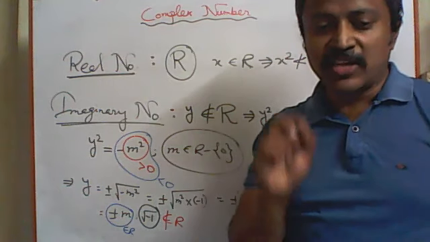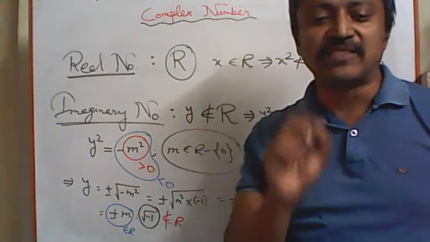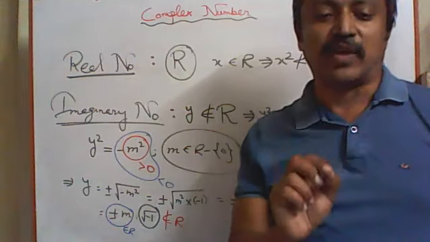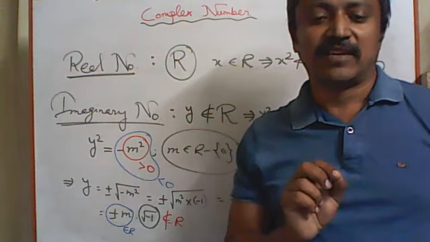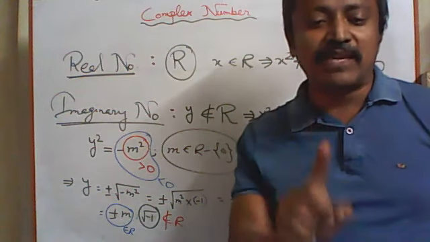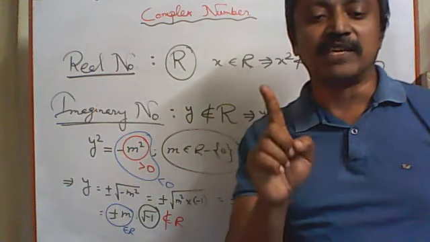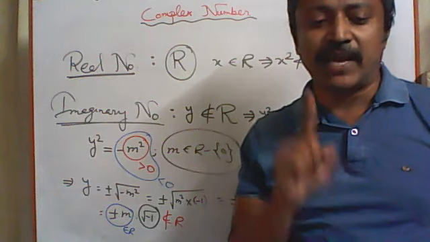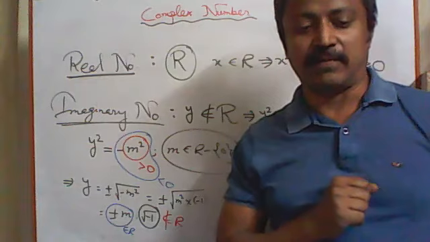And so, in general, we will denote this root under minus 1 as small i of the English alphabet. So, if any real number is multiplied by i, then that number will be an imaginary number.